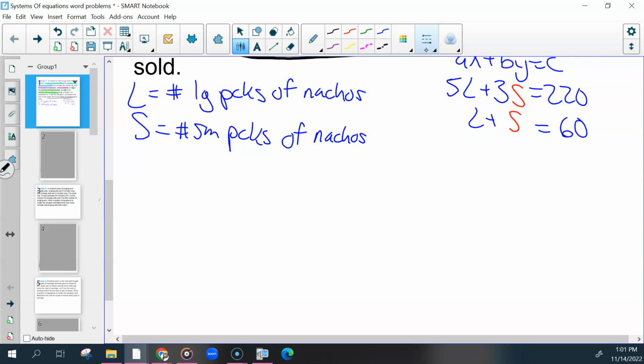Your calculator does not like other variables other than x and y, so we have to change the variables we use to x and to y. Does not matter which one you make x, which one you make y, as long as you're consistent. If you make L x, all of the L's have to be x. And vice versa.